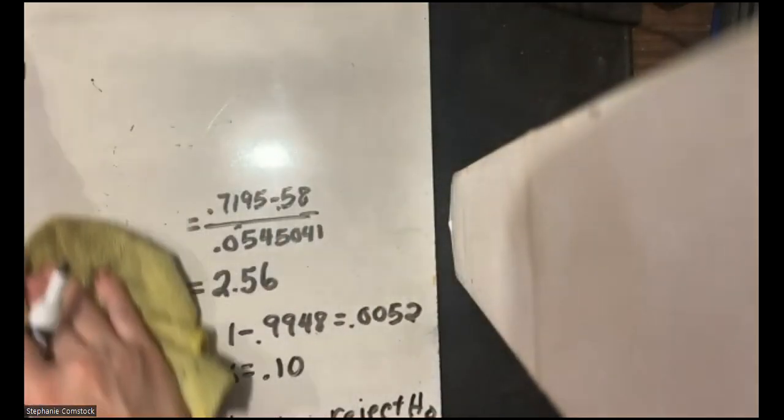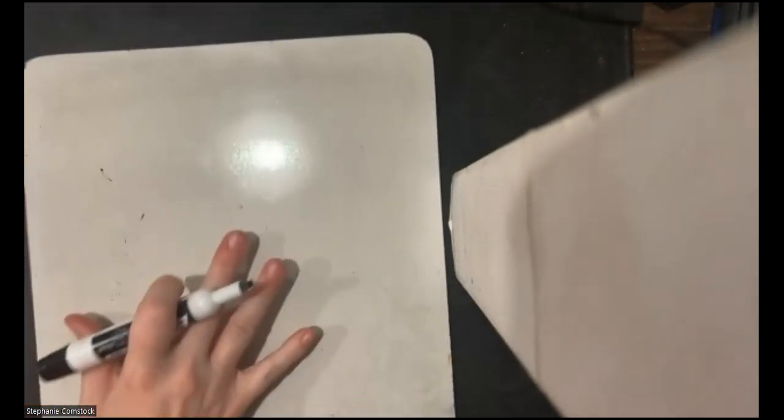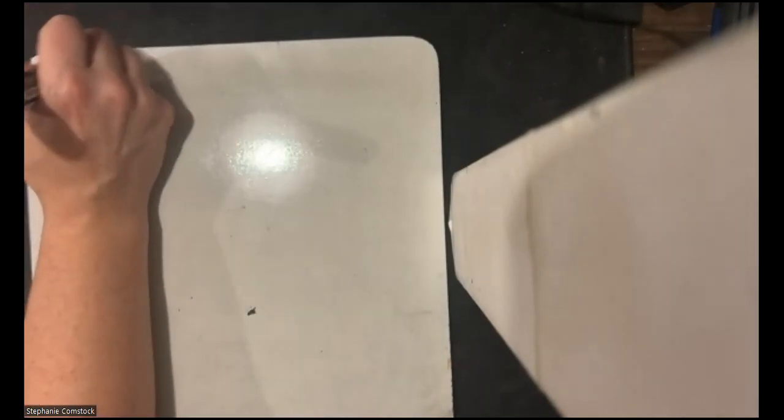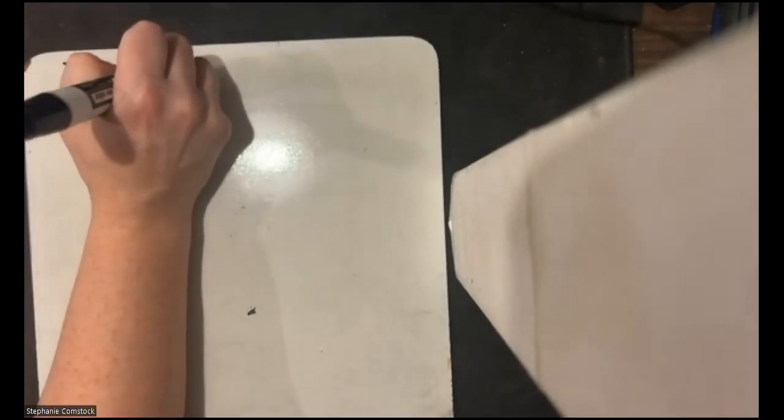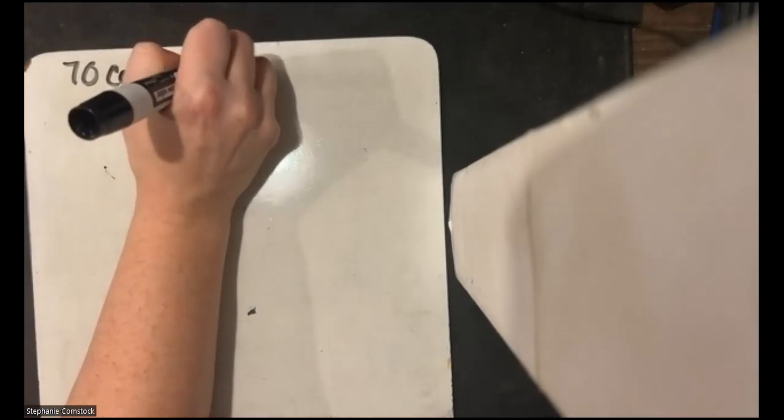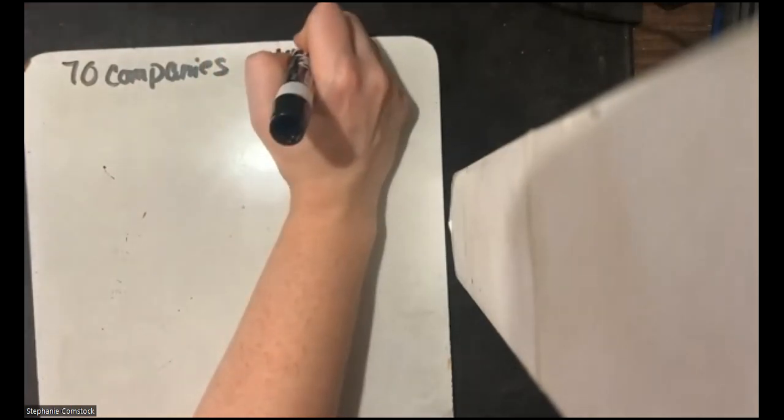So now let's look at a two-tailed so that you understand what this is going to look like. So we've got an article that reported that 73% of companies have a Twitter account. An economist thinks that this percentage is different at technology companies. She samples 70 technology companies and finds that 44 have Twitter.